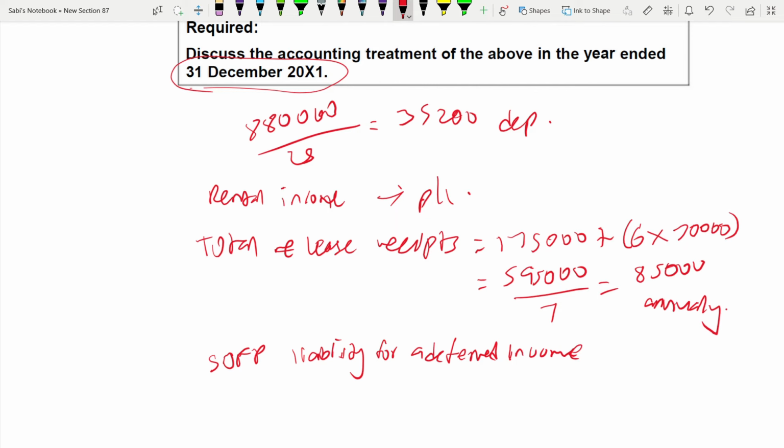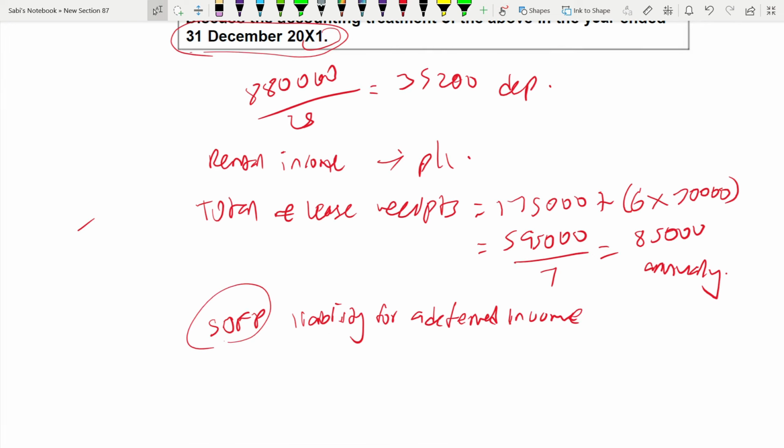There's a liability for deferred income because you can only recognize income after 7 years, when you're actually getting all the receipts. For the first year, the other 6 are just deferred income. It's still not your income yet. That's why there's a liability for deferred income that you need to recognize in your statement of financial position today, for the future receipts.